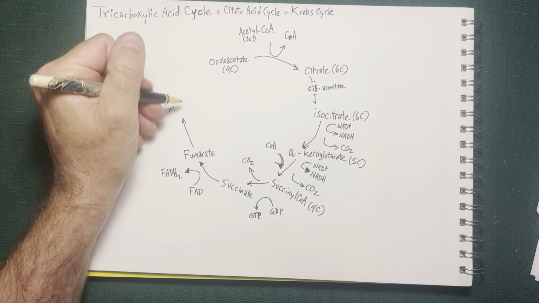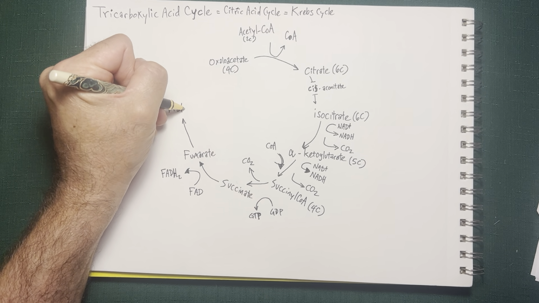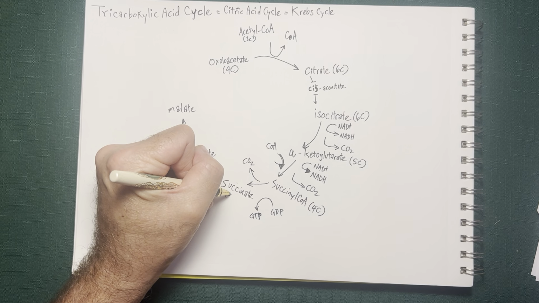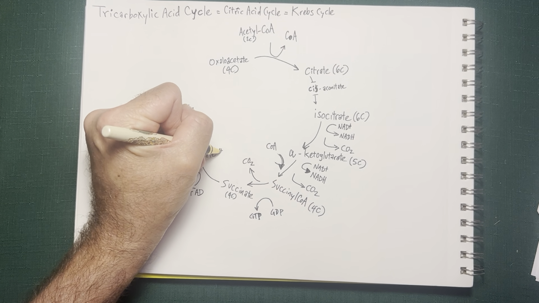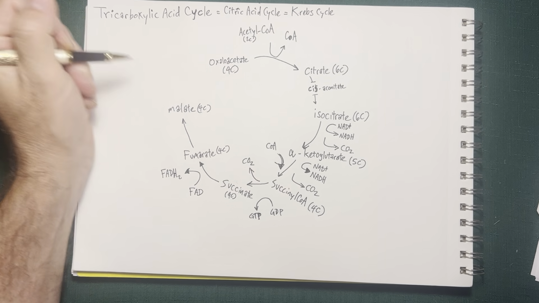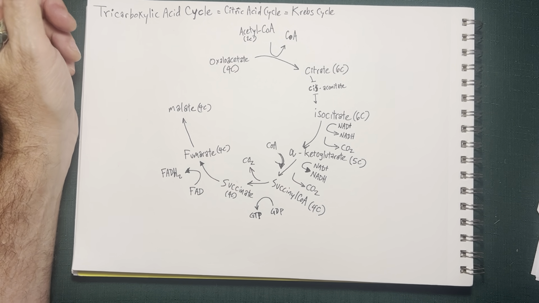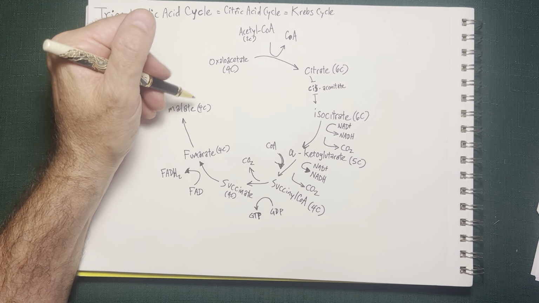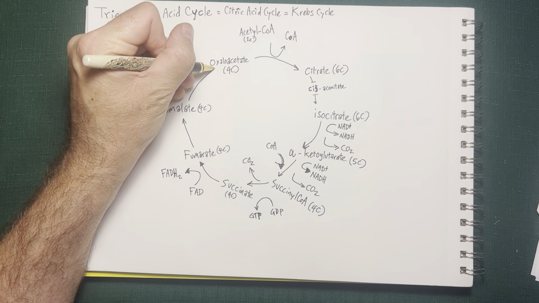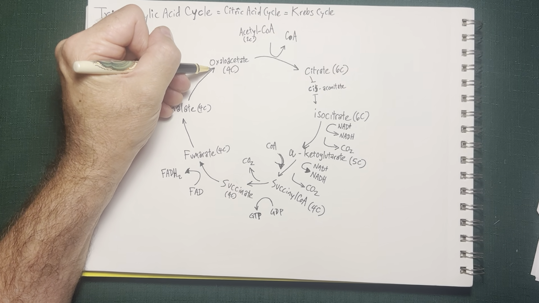Next step, fumarate is going to form malate. Keep track of our carbons here since we're doing that. And nothing too remarkable there. No major life-changing things, just isomerization.